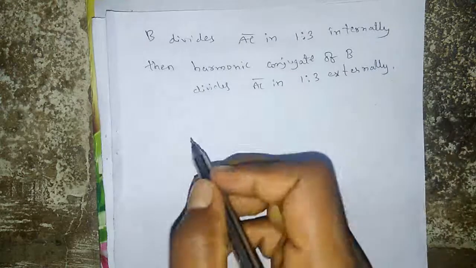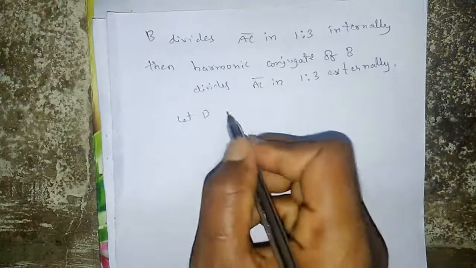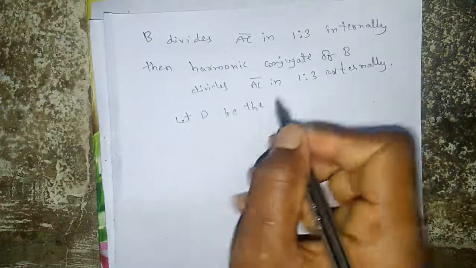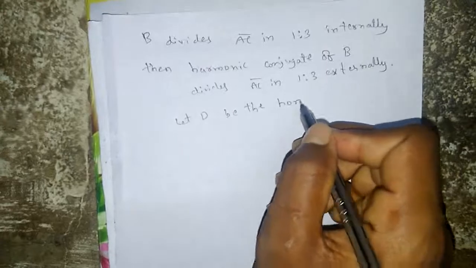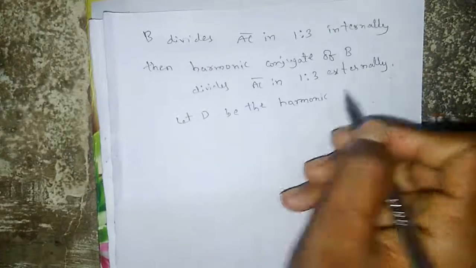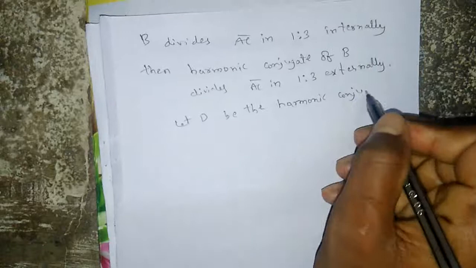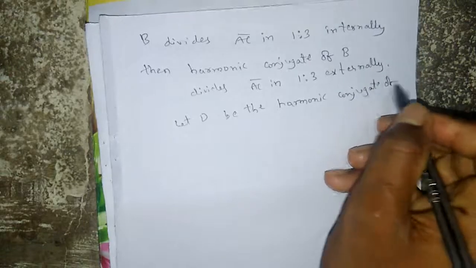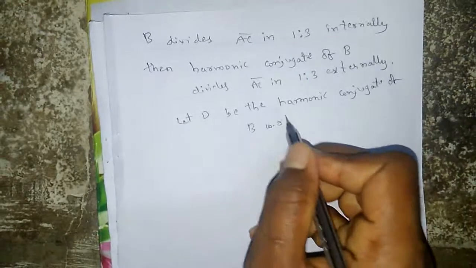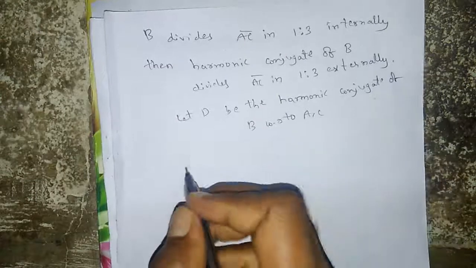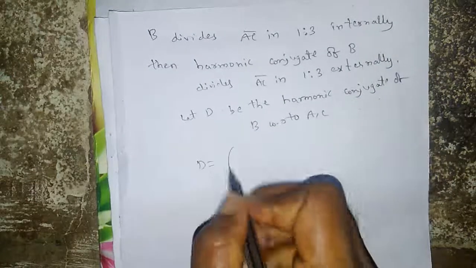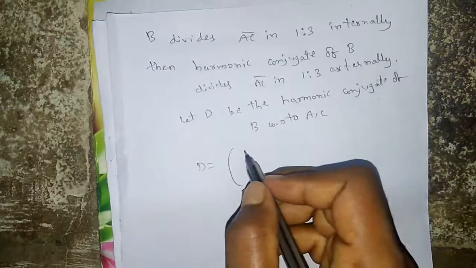So let D be the harmonic conjugate of B with respect to A comma C. Then coordinates of D are, apply the section formula.